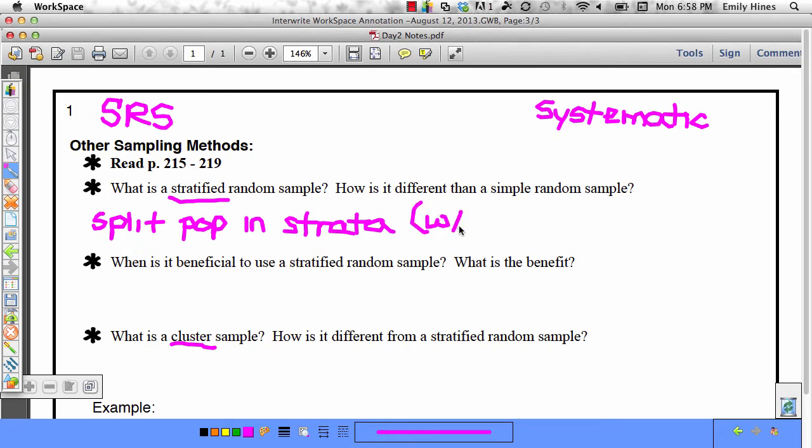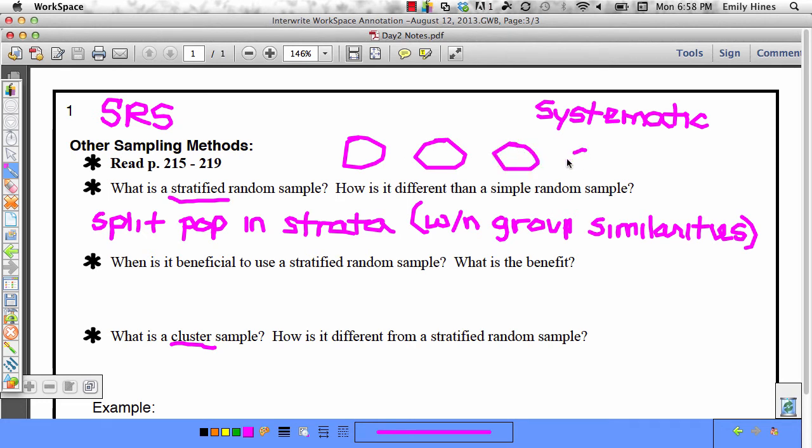You want within-group similarities. Then, when you have your strata, you take a simple random sample within each stratum. So I split my population into these groups, and within each group I pick a few people to sample, either by using a random number table or by putting all their names in a hat and drawing out however many I need. That's a stratified random sample.